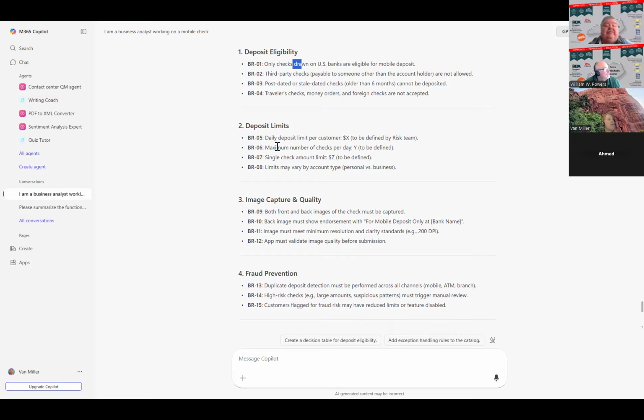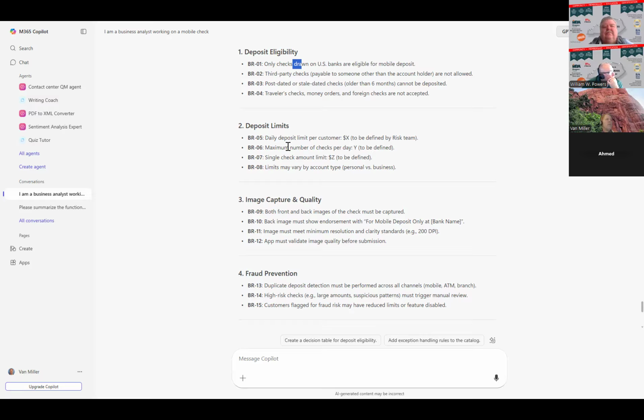It may be starting small, and they can always add functionality in the future, just get the beta version out there for our customers to start using. Yeah, this is a good one. If you hadn't thought of it, it might bring to your mind, oh, you know what? We should be talking about daily deposit limits because of risk and fraud, especially. So it kind of points it out, which is kind of neat.